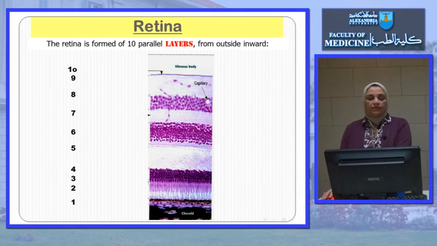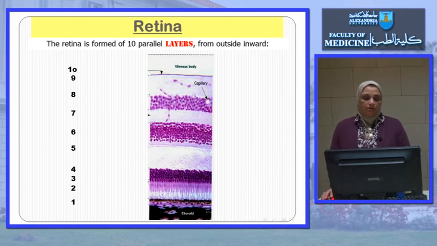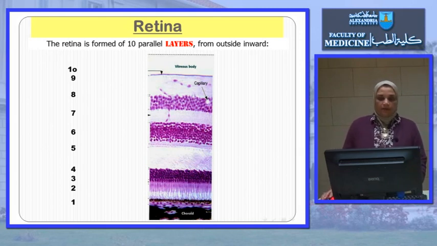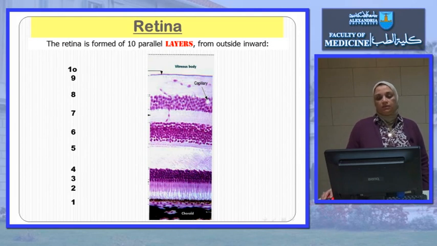And then the rest of the layers are the retina proper, the sensitive retina, the sensory retina. So we have two main parts: the outer part, the retinal pigmented epithelial cells, and then the retina proper, which is the sensitive part of the retina.